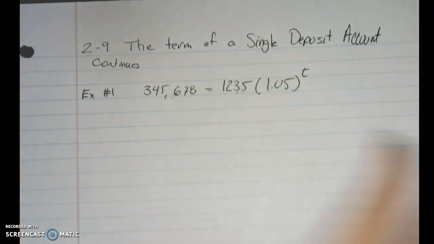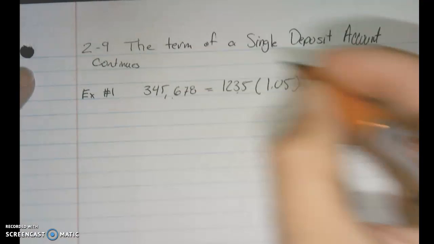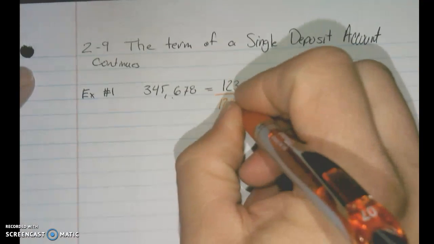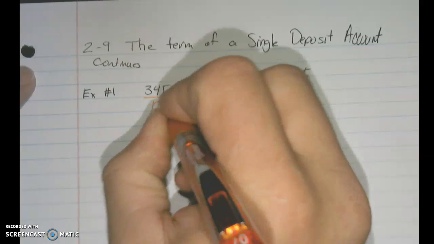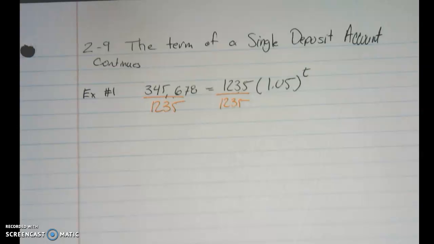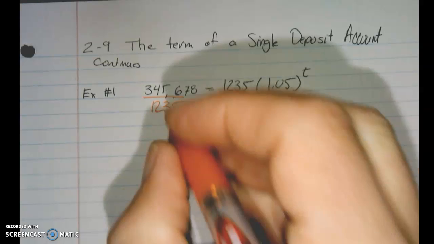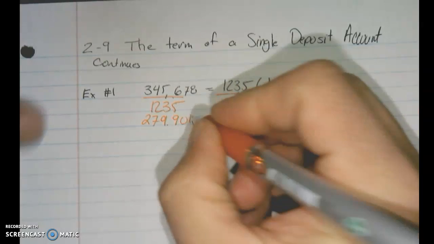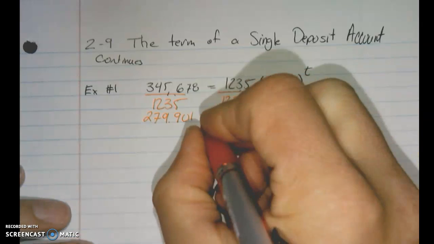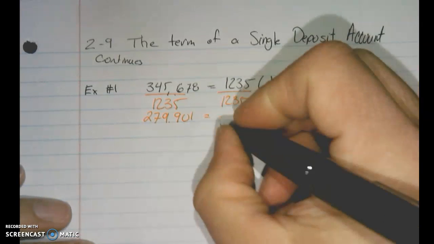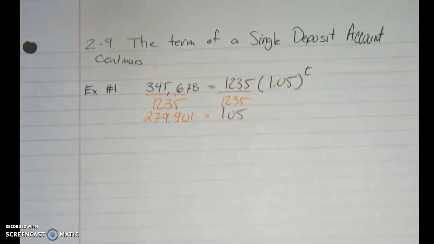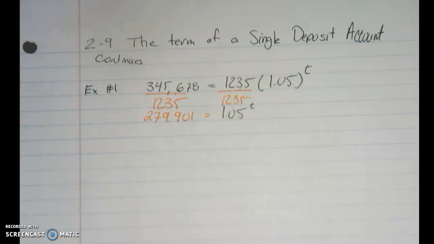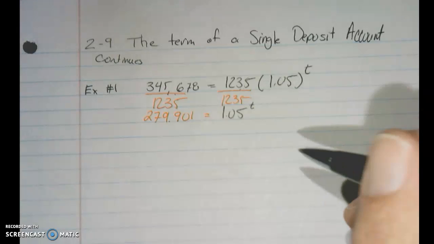So the first thing you're going to do is divide by the principal amount on both sides. Let's just go 3 places after the decimal. And this is just going to stay like that, t. Now from Thursday, I told you to do what from here?